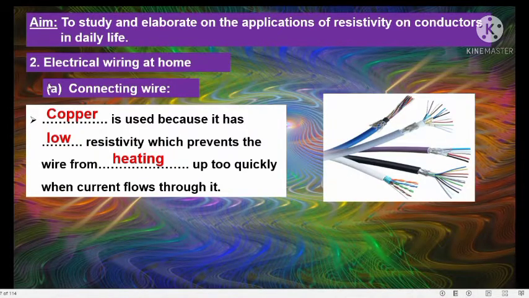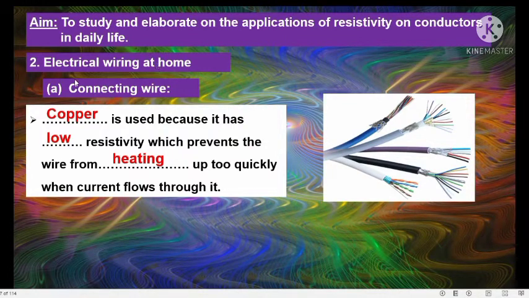The second one is electrical wiring at home. The first one is connecting wire. In the lab, we always use this connecting wire. For connecting wire, normally we choose copper because it has low resistivity, which prevents the wire from heating up too quickly when current flows through it, meaning less heat is produced, less energy lost as heat.